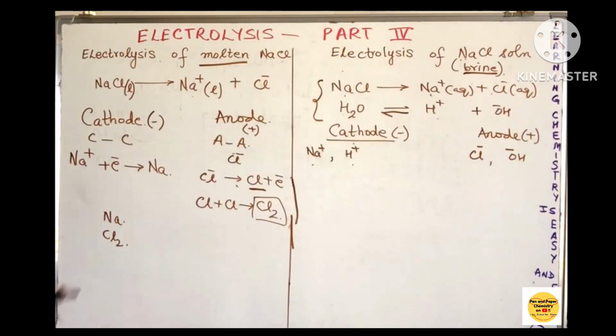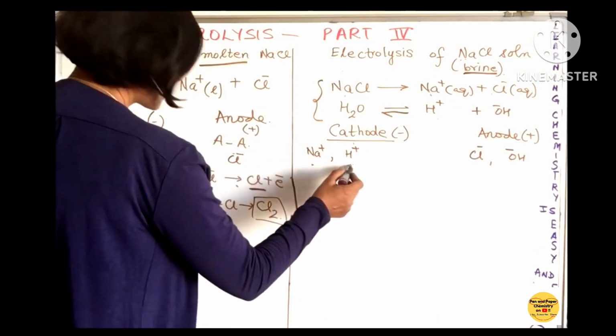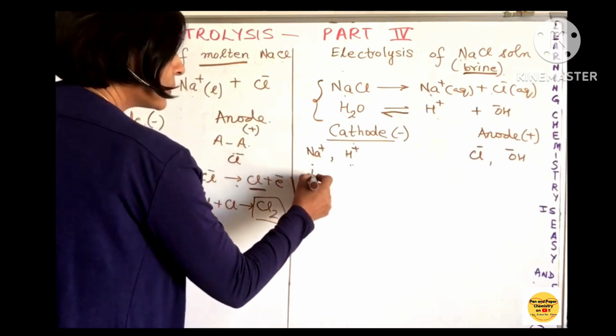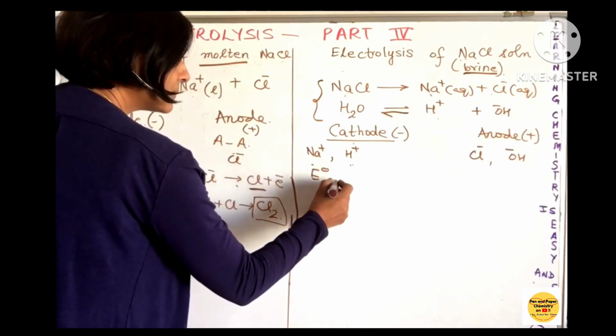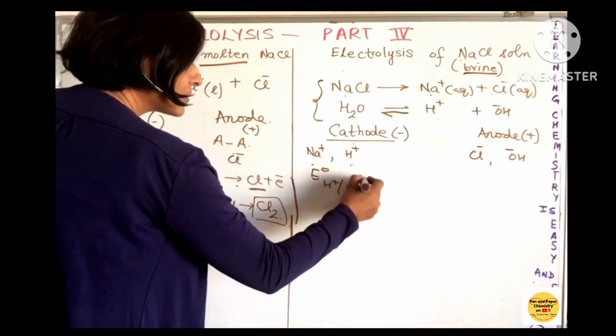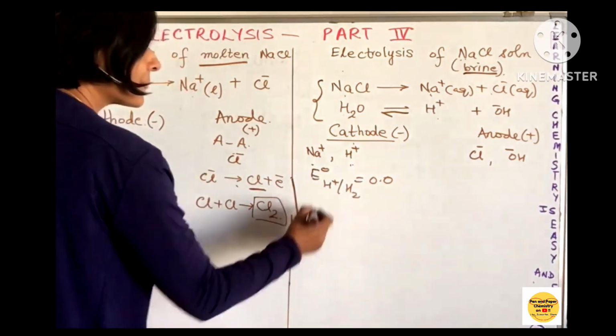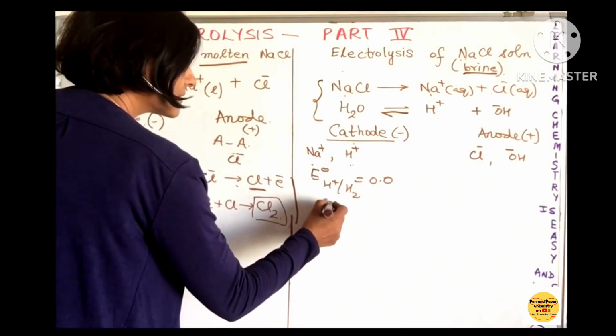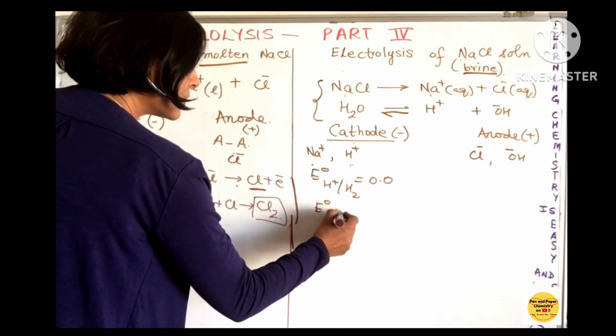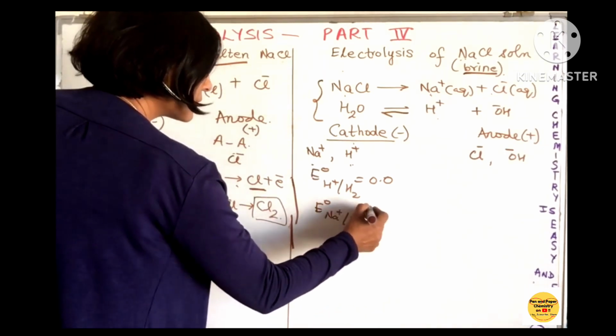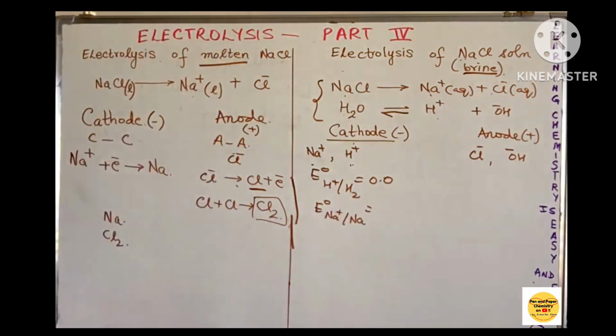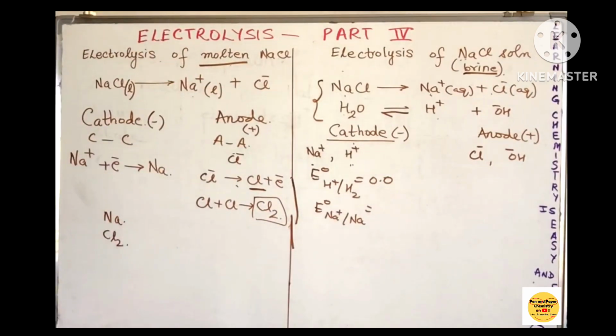Now there is a contender for this position. Earlier, sodium was whole and soul over here. Now it's got a competitor over here. We know that the reduction potential of hydrogen is 0, whereas the reduction potential of sodium, can you find out and tell me what it is?